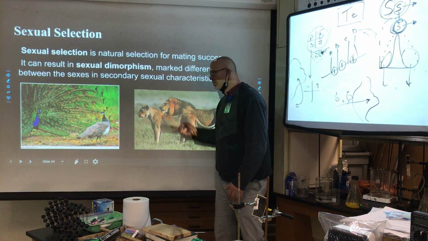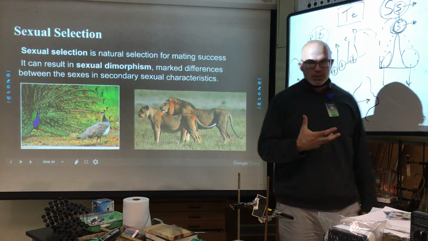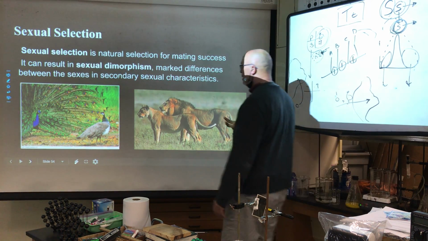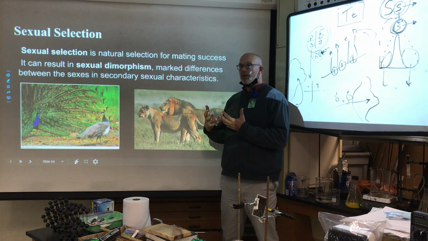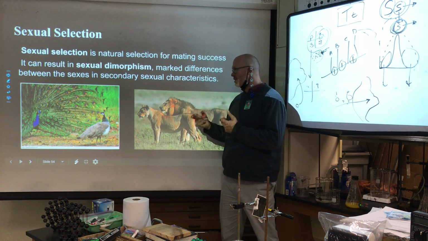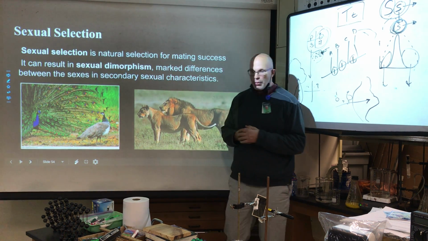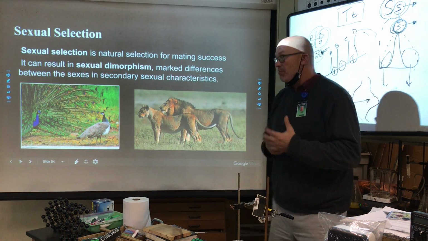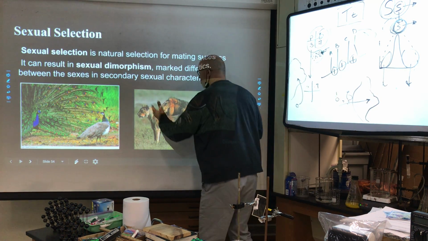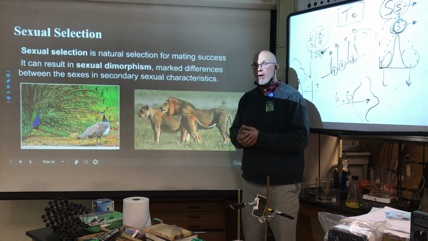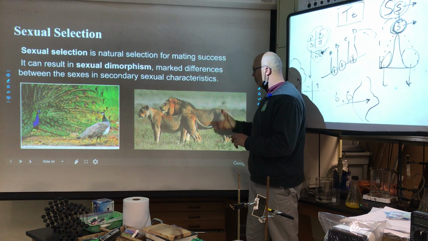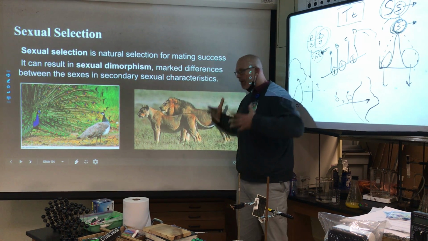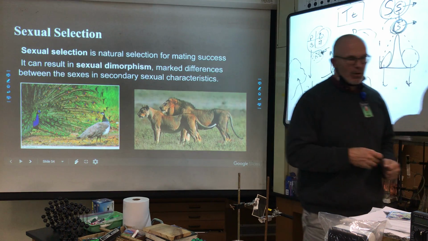So the females have picked those males that indirectly or directly worked to their advantage, because they have picked the healthiest of the males. And it makes sense. If they pick males that are not healthy, they're going to have offspring that aren't, and of course, that risks the next generation. So that big mane makes them look bigger, okay?